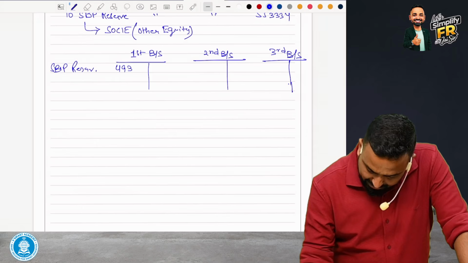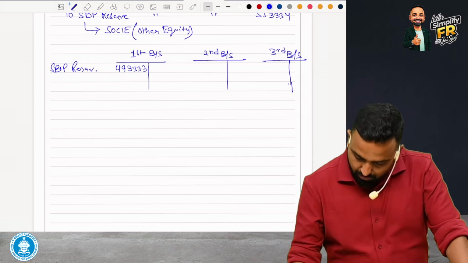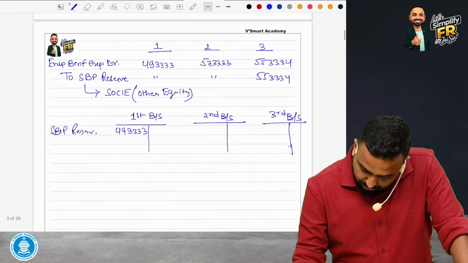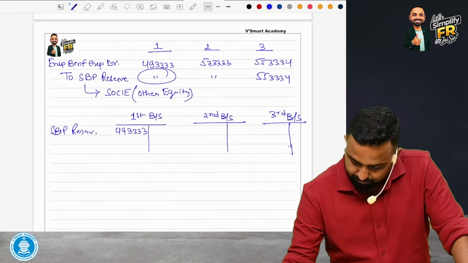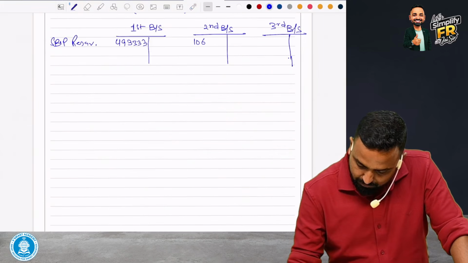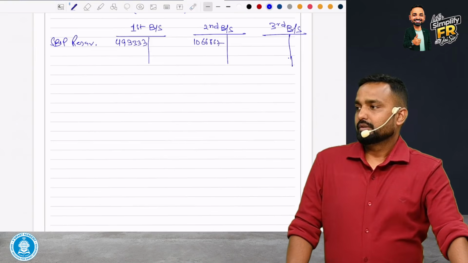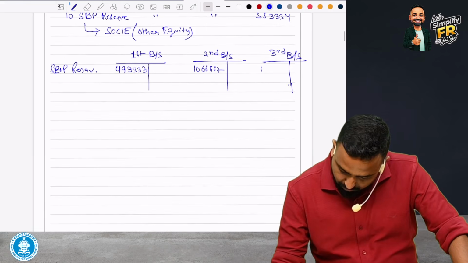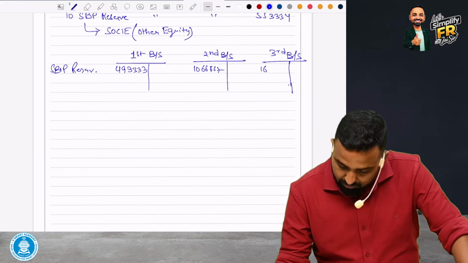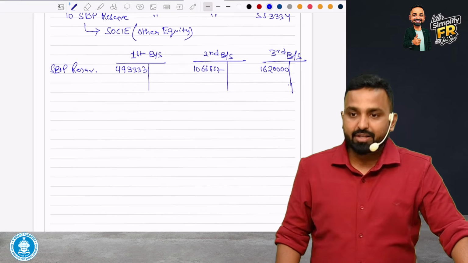It is 493,333 balance in the first year. So now this plus this, 10 lakh in the second year. Finally, it will be 1620.